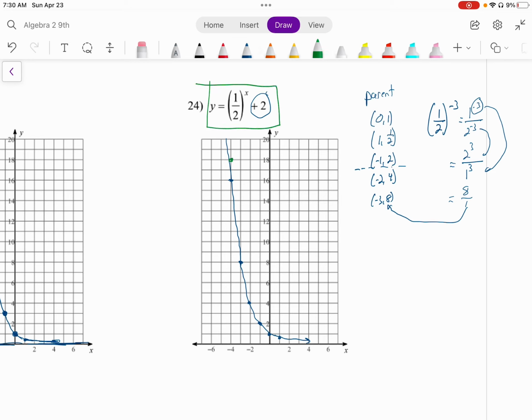I'm moving everything up 2 units. The asymptote also moves up 2 units. And we can graph y equals 1/2 to the x plus 2.